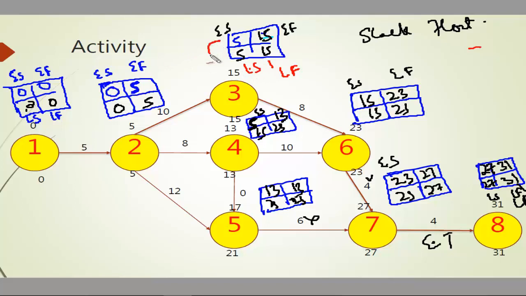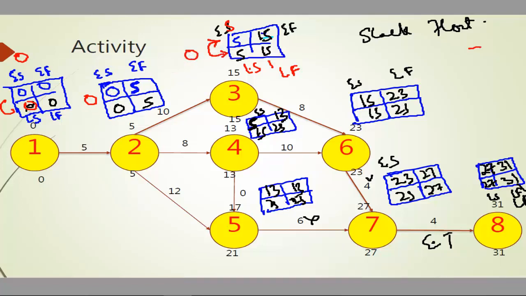So if I divide the two, late start divided by early start, and I will see what's the value. For example, here this minus this is 0. And this minus this is again 0.